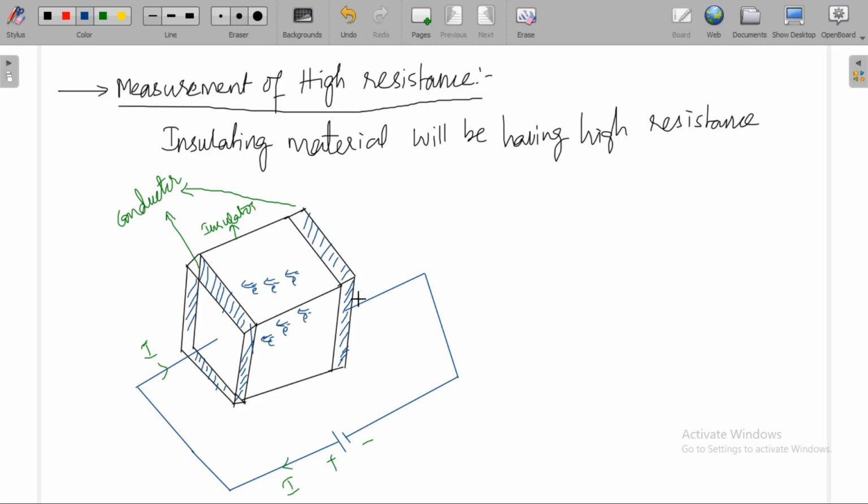Some electrons will be flowing through the surface of this material as well. Actually we have to find out volume resistance. Volume resistance is nothing but the resistance of this insulating material, but in addition to this volume resistance, we are going to have surface resistance.